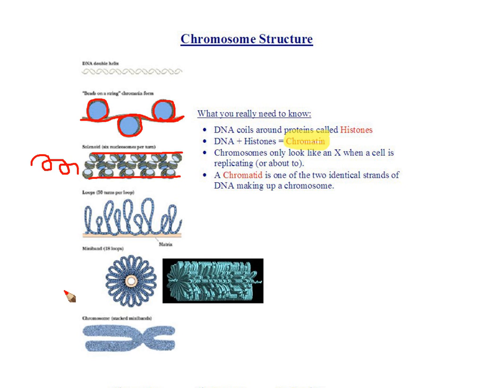So if you looked inside one of these loops, it would be a spiral of DNA wrapped around those histones. And those loops are stacked one on top of each other, and that gives you this bottle brush-like structure like you have here. And if you keep stacking them on top of each other, eventually you end up with what looks like a sausage. And that's basically your chromosome.